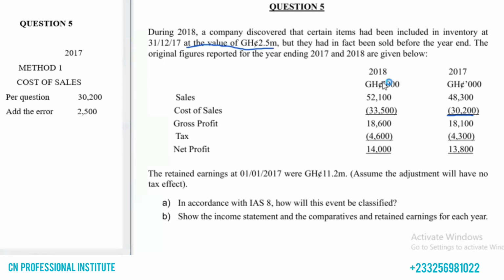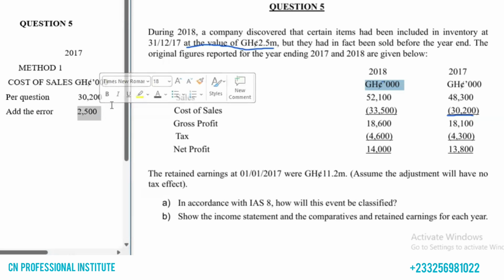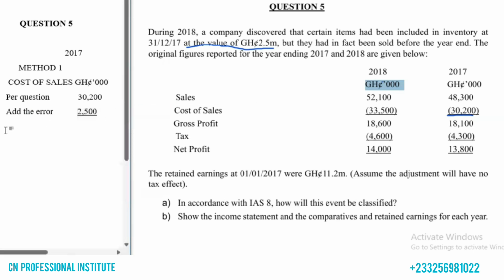Don't forget, we are working with three zeros because we have three zeros given to us in the question. All our workings are in three zeros. So when you add this to this, we get the adjusted cost of sales.